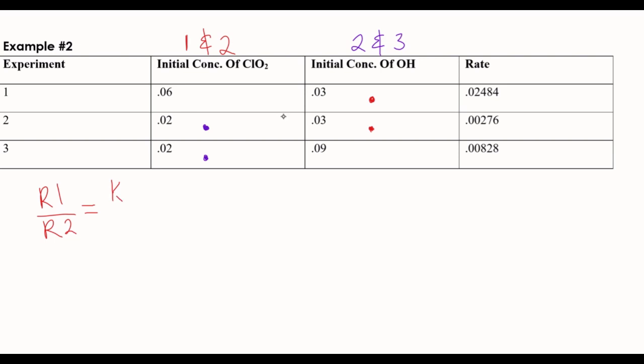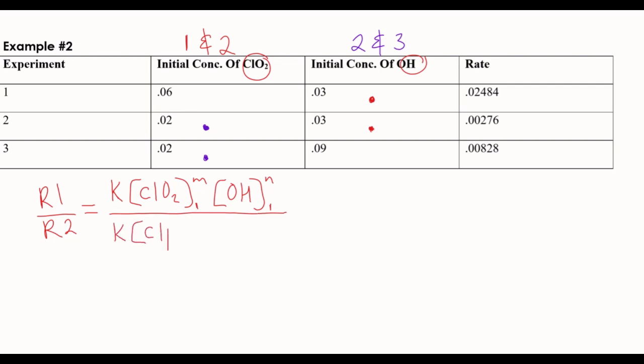So we're going to get k is equal to that [ClO2]^m for the first one times [OH]^n for the second one. Okay, those are both for the first reaction. Now, same thing. The only difference is that this one is going to be for the second reaction, but basically the same.